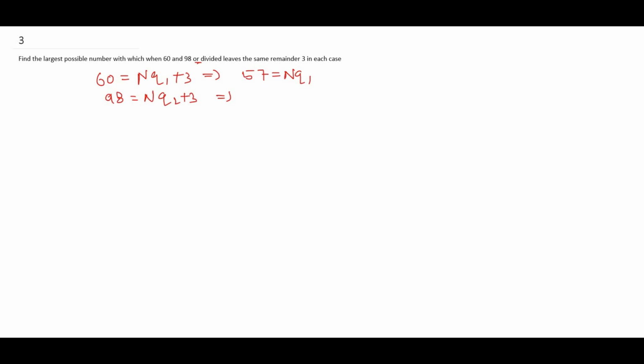What is capital N? It is the required number. 95 is equal to N times Q2. Looking carefully at these equations, N will be the HCF of 57 and 95, which is equal to 19.